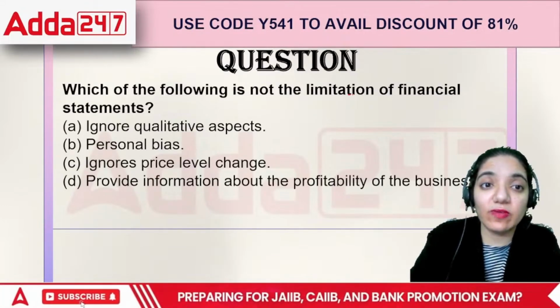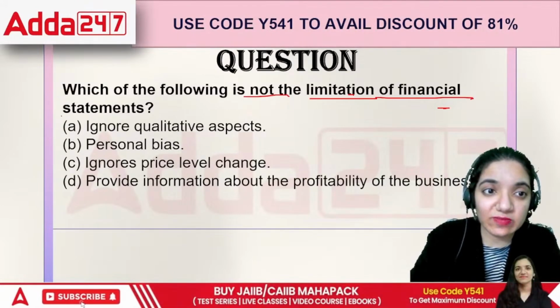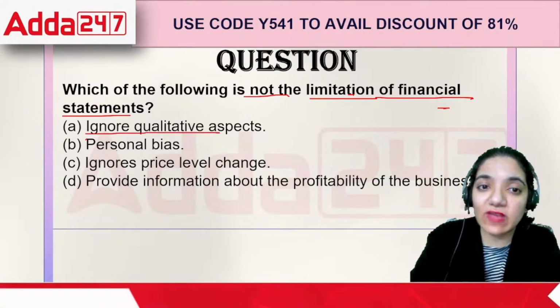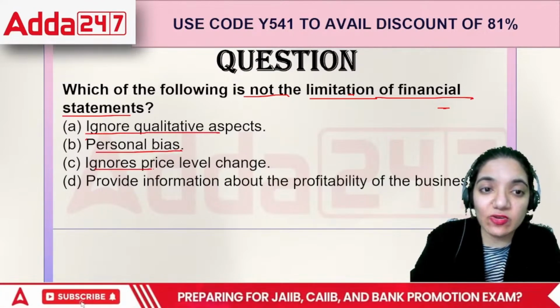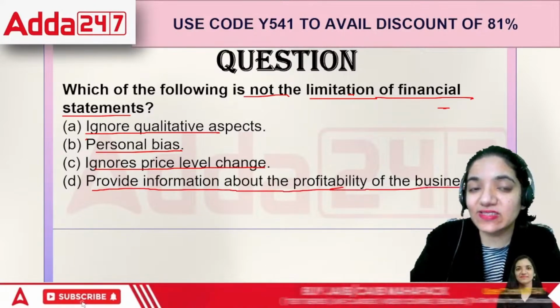Next question, which of the following is not the limitation of financial statements? Ignores qualitative aspects, personal bias, ignores price level change, or provides information about the profitability of the business.